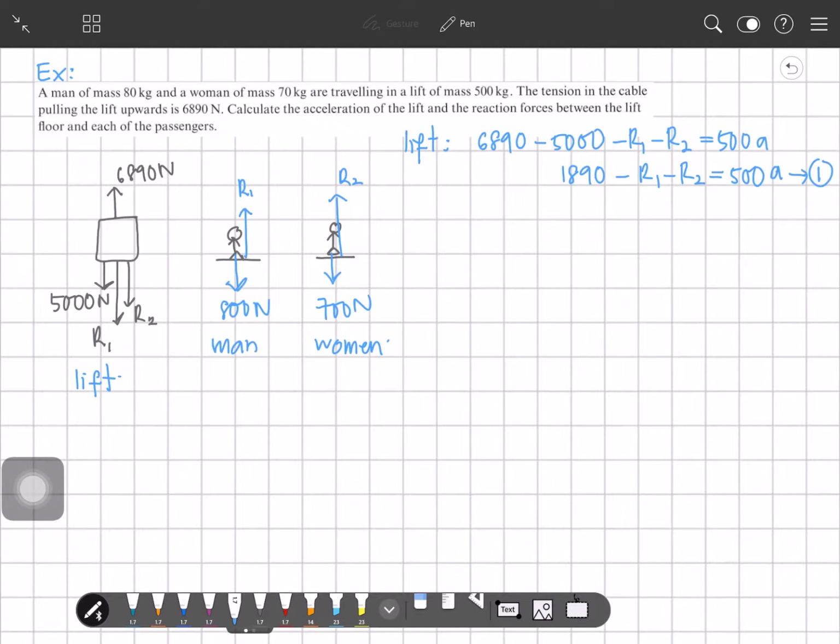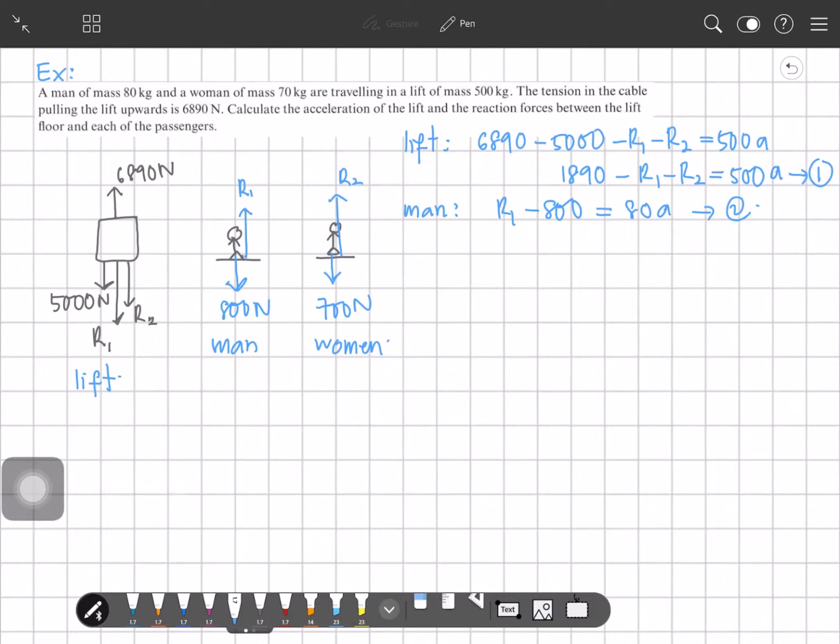Then resolving the forces acting on the man, we have R1 minus 800 equal to the mass of the man, 80 kg, multiplied by acceleration. Let's mark this as equation 2.